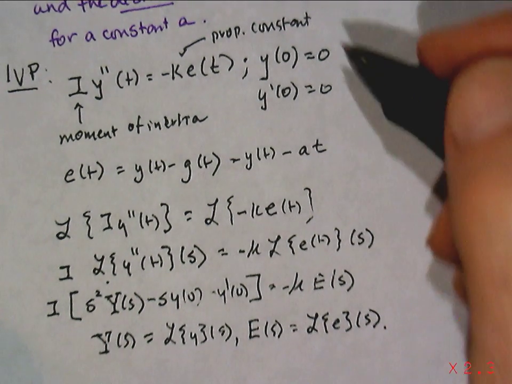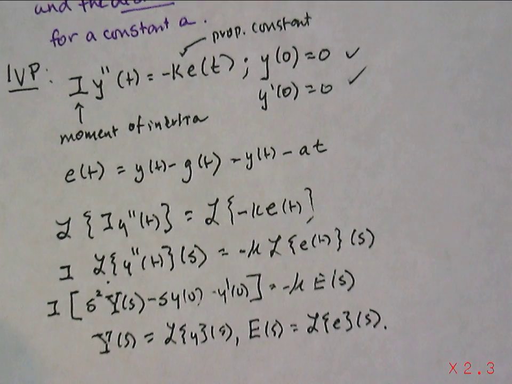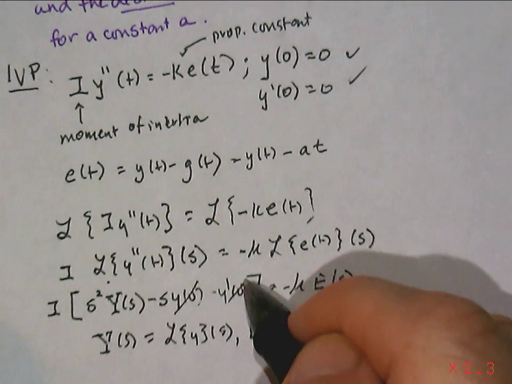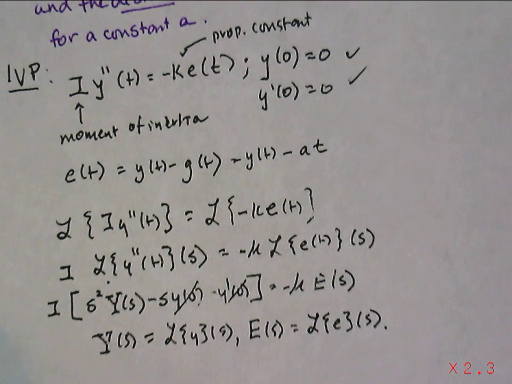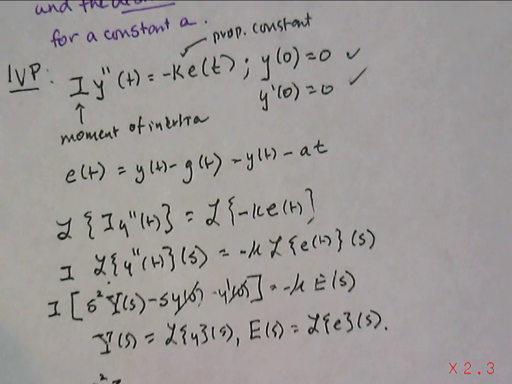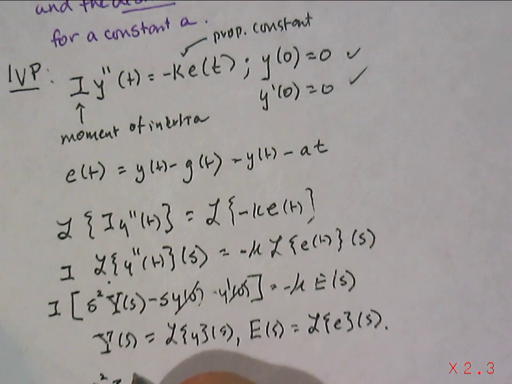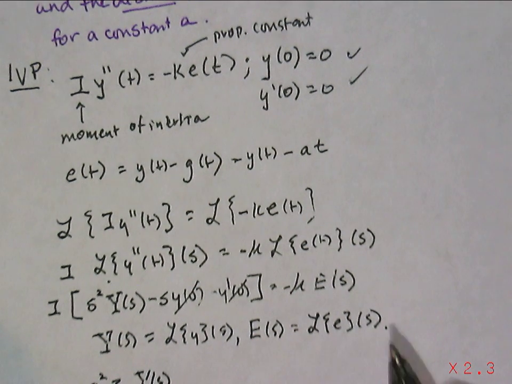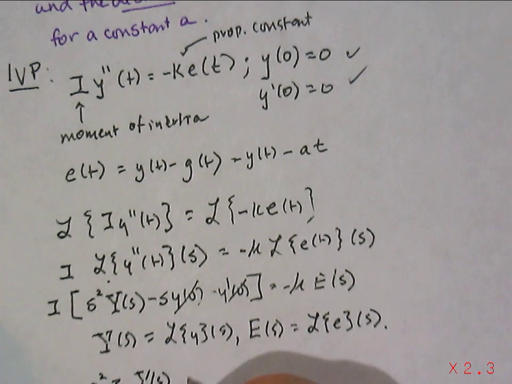But keep in mind we have these nice initial conditions that are going to basically wipe out these two terms here. They're both 0. So what we simply have is that s squared times I times Y of s, the Laplace transform of little y, I should say, is equal to minus k times E of s.